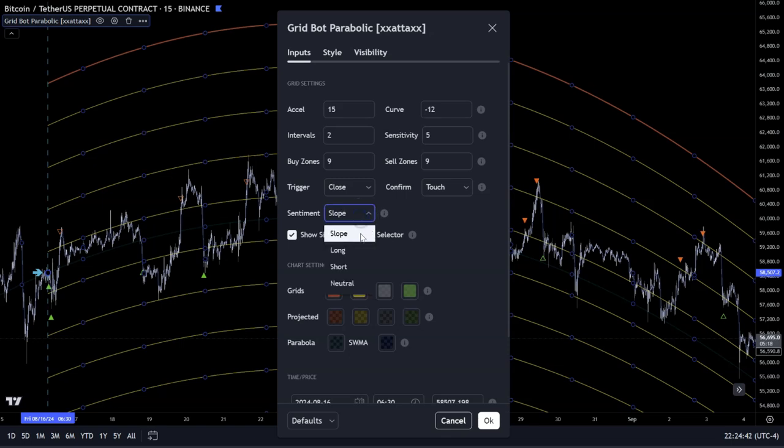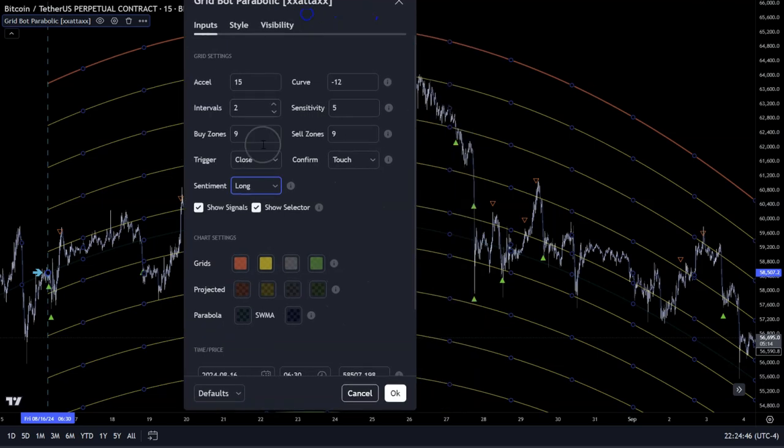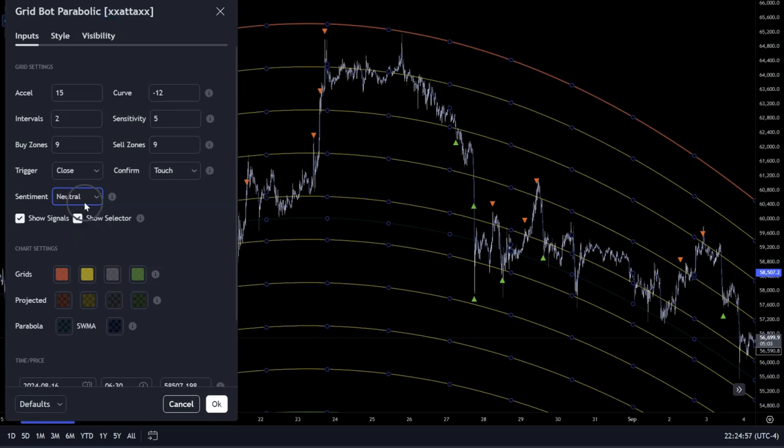If you want to override this and make everything long, you can do that for whatever reason. Same with short, or you can make it neutral, which would just be a primary signal at every level. But you can keep this at default, which is slope.